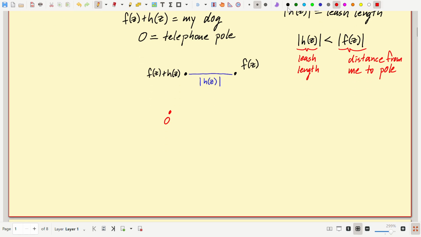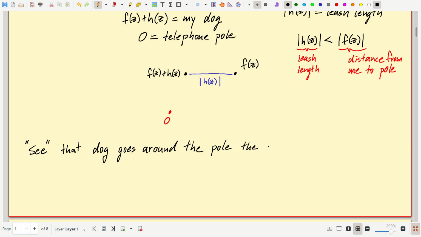So the argument principle, we see, because we have intuition about walking a dog, that the dog goes around the pole the same number of times I do.